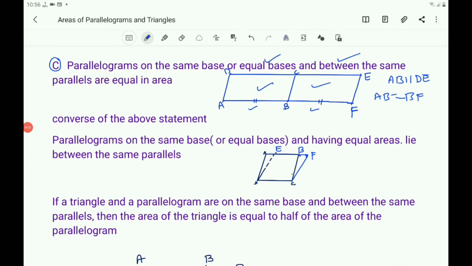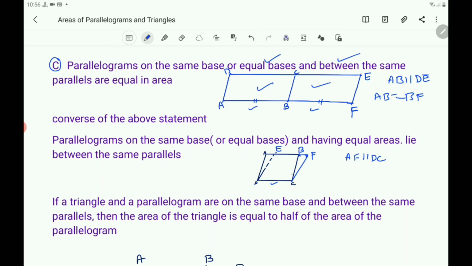So here parallelogram ABCD and parallelogram EFCD are having equal areas and they are on the same base. So as they are having equal area and they are on the same base, they must be between the same parallels. Here they are between AF parallel to DC.